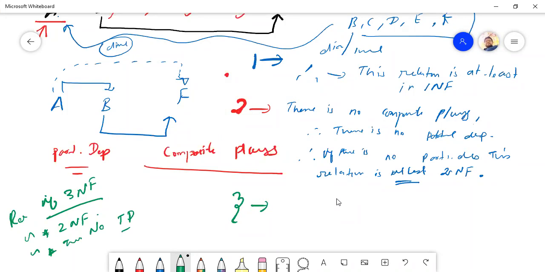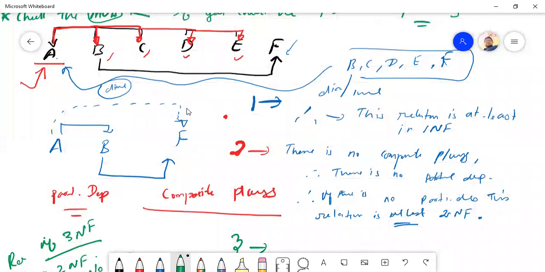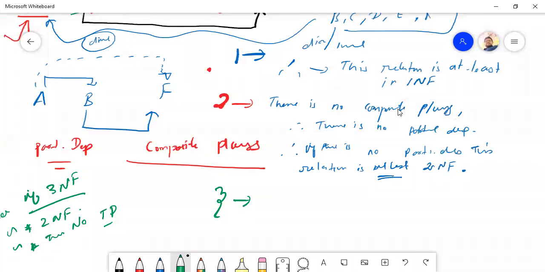Now if you take the first relation, is transitive dependency there? You can see here B is a non-key attribute, F is a non-key attribute. So the F is depending on B. B is not a primary key, so a non-key is depending on another non-key.